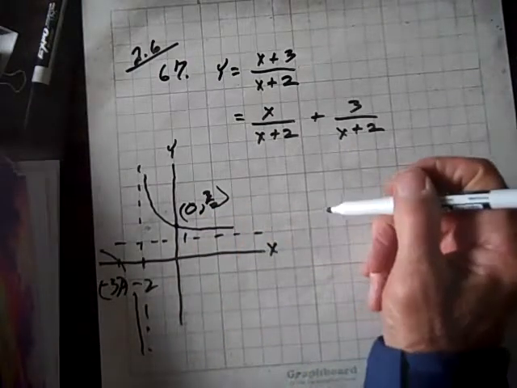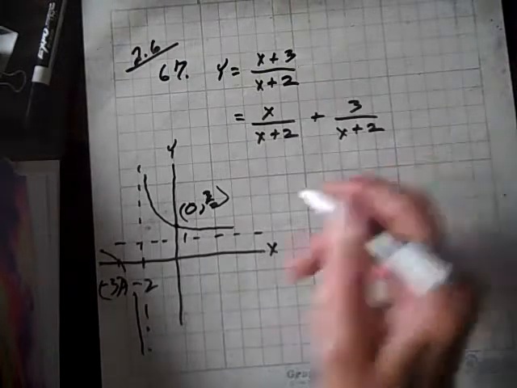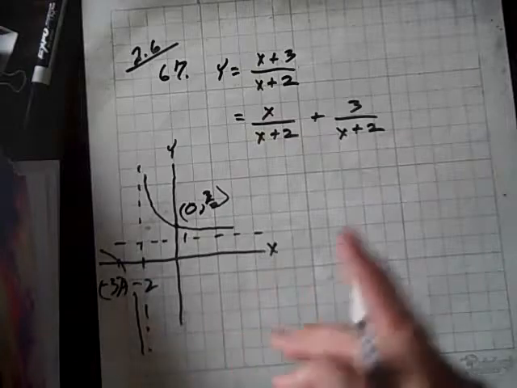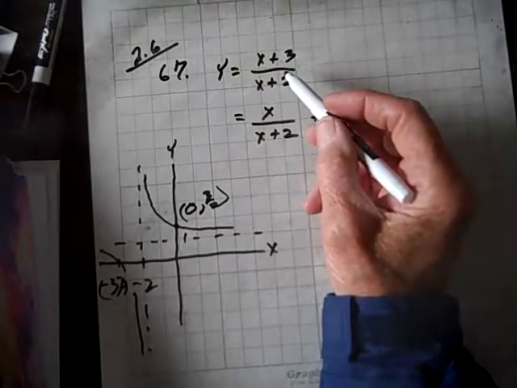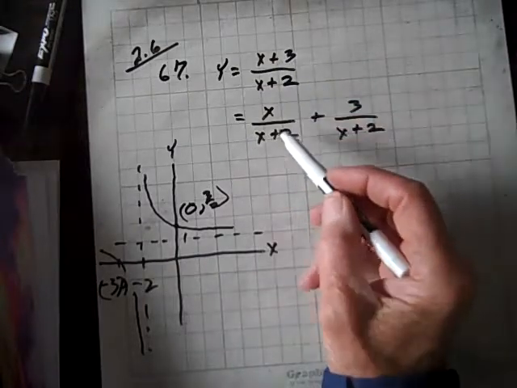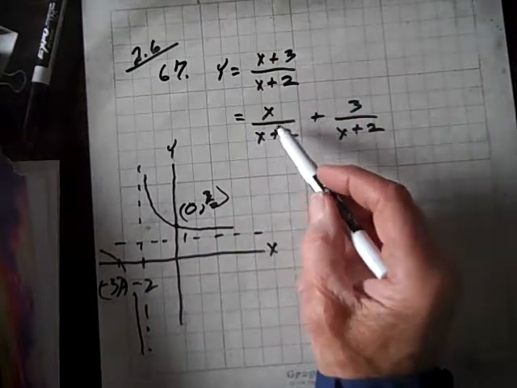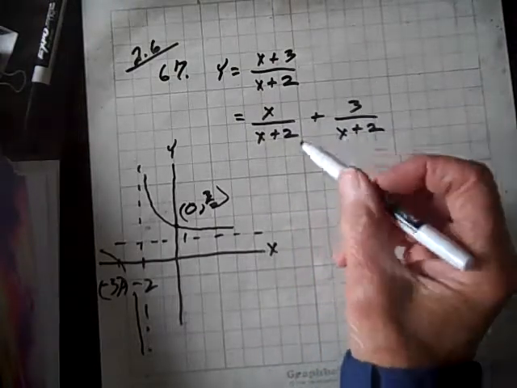And then the next question is, well, what are the dominant terms? If you look on pages 113, 114, you'll see about that. They talk about dominant terms, and I can break this up into 2 terms by writing it as x over x plus 2 and 3 over x plus 2.